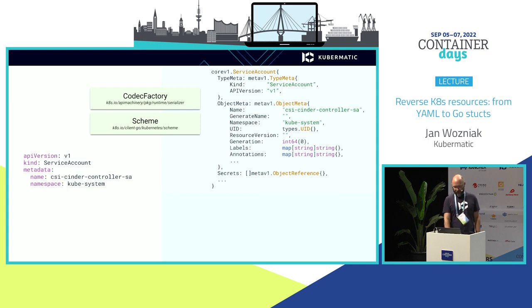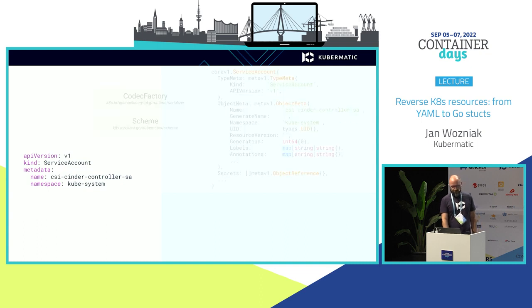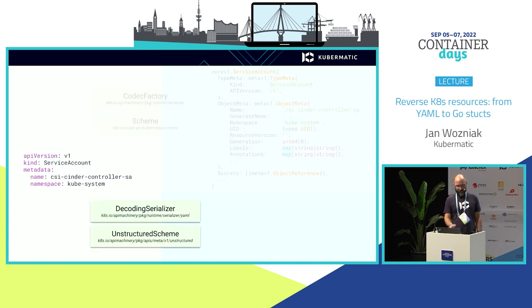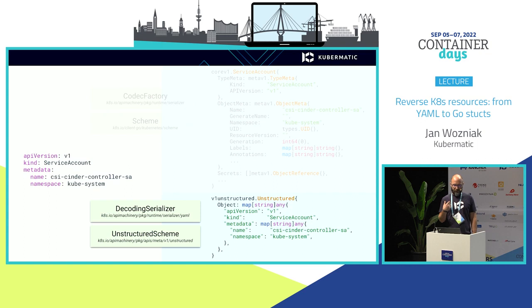So there's a lot of extra information, and we don't want to write that into a Go file. It would be much more difficult to read than the initial YAML. So what do we do about it? Luckily, API Machinery has an additional package called unstructured, where you can do the same thing. You can unmarshal and marshal to a map of unstructured. It's also a runtime object.